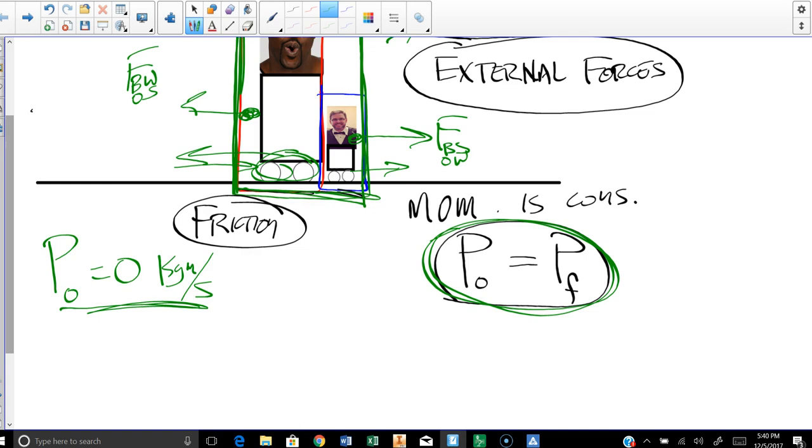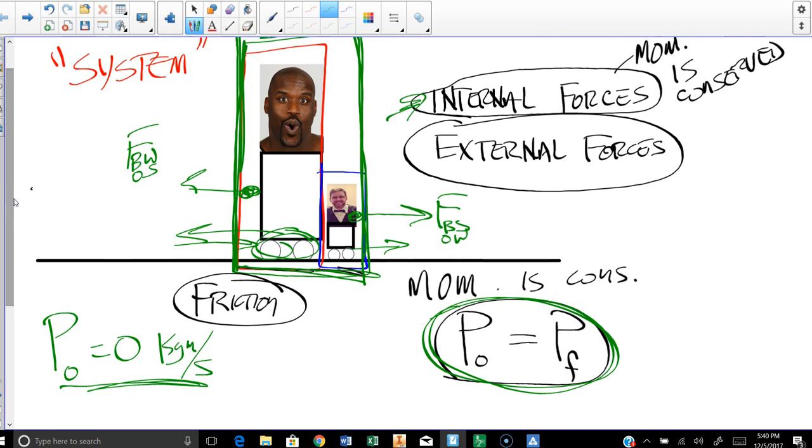But you would be forgetting one important point. Momentum, unlike, say, kinetic energy, is a vector. And Shaq's momentum would be, we'll say, negative. Going to the left, we'll call it negative. That would mean my momentum would have to be positive. So, guess what?